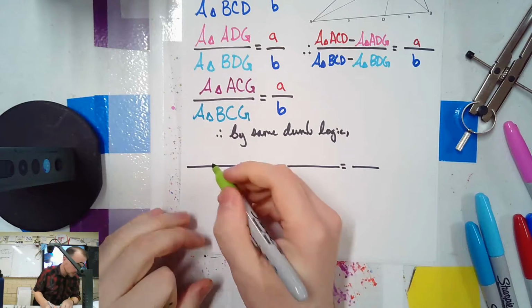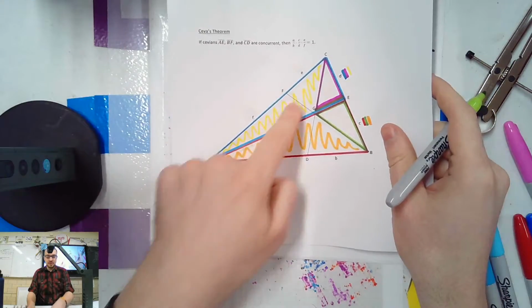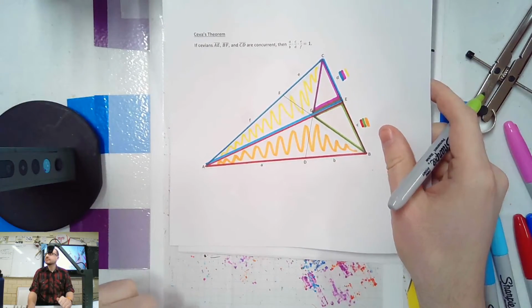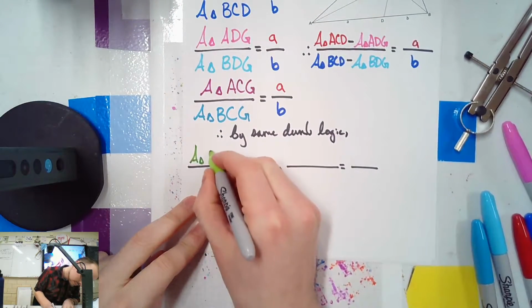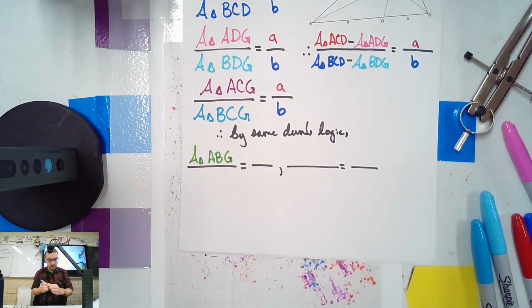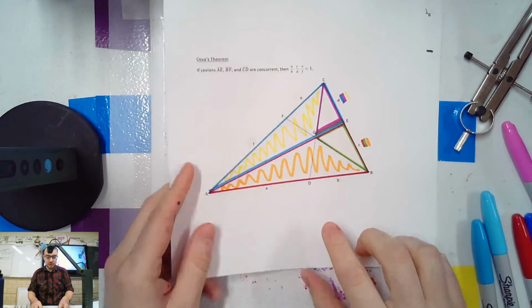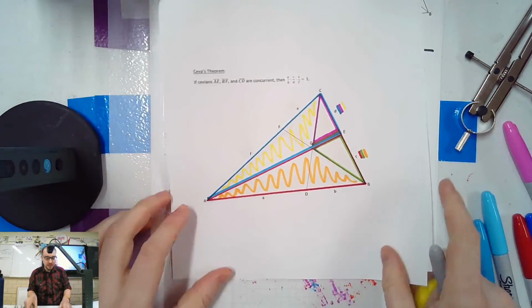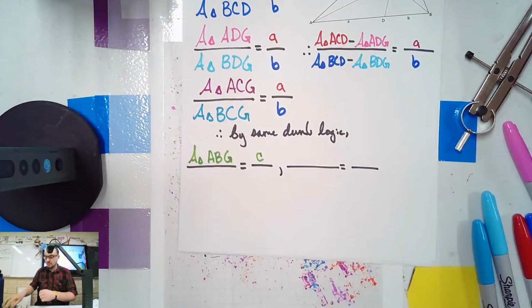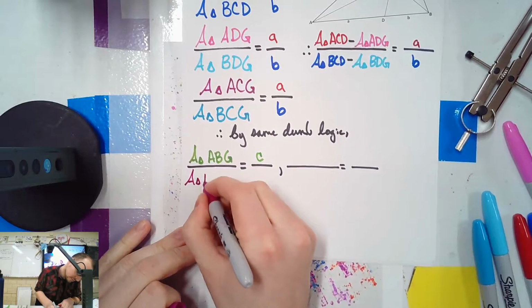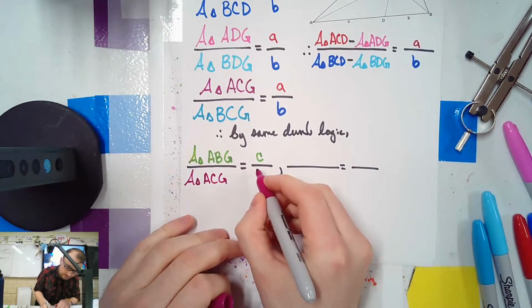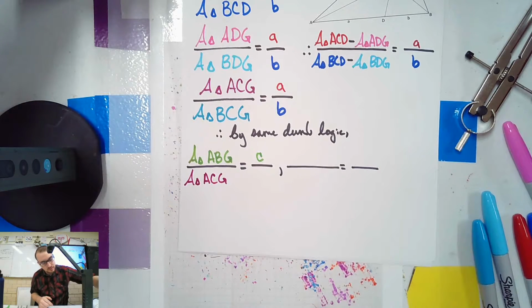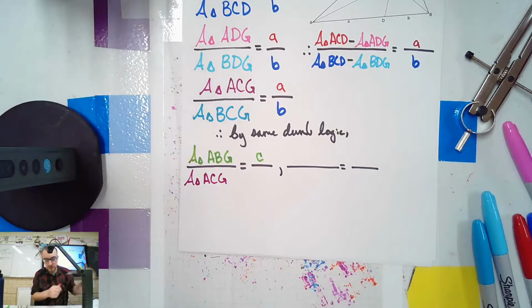Alright. So, by same dumb logic, these triangles should go with C and D, right? So I'm going to write this triangle, ABG, should go with C, the same way that AGC or ACG, which if you notice, I already wrote ACG up here, should go with D. I'll use a different color for D. How about orange?